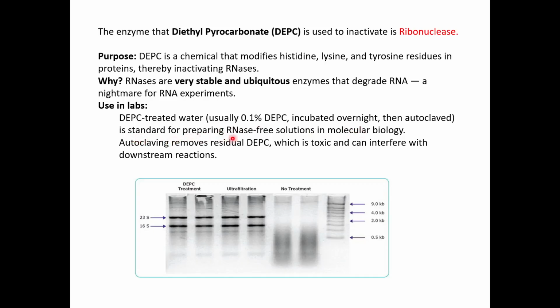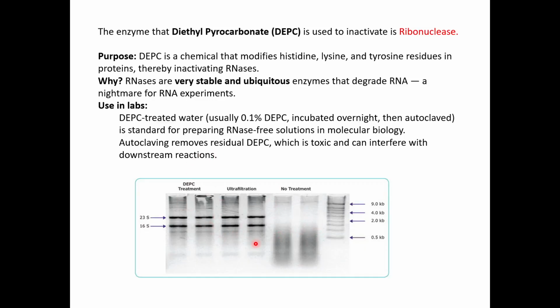And this is a standard for preparing RNase free solutions in all molecular biology experiments which involve RNA. Autoclaving removes the residual DPC, which can sometimes be toxic and can interfere with downstream reactions. So once DPC has done its job, which we have incubated overnight, we can then autoclave it to remove the residual so that it doesn't interfere in further processing.